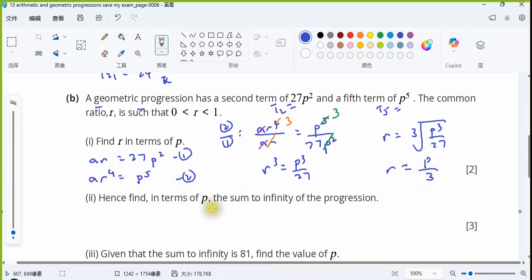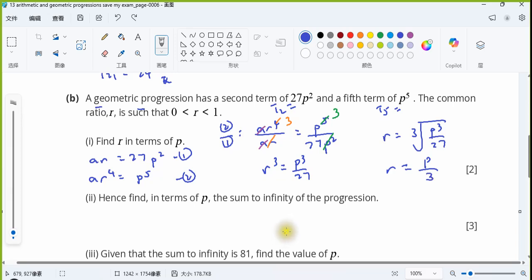Next, we want to find the sum to infinity in terms of p. So S infinity is a over 1 minus r. So we have a over 1 minus p over 3. But it must be in terms of p only.